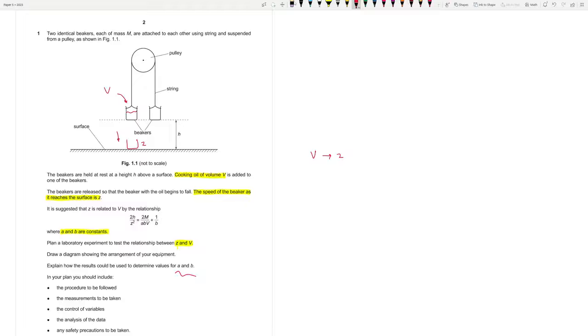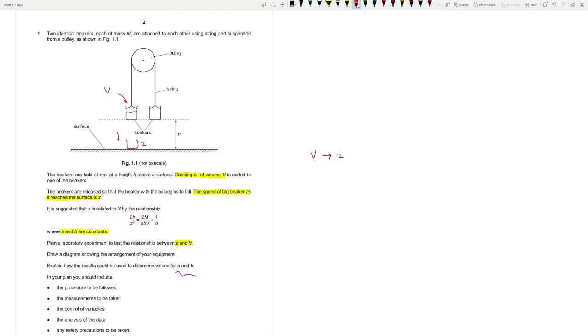For methods of data collection, we can use a measuring cylinder to measure V, use a meter rule to measure H, which can also be drawn in the diagram, use light gates connected to a timer or a data logger to measure T, time T, the time of fall of the beaker. So here's the thing, you can't actually use light gates to measure velocity, Z. Okay, Z can't be measured directly.